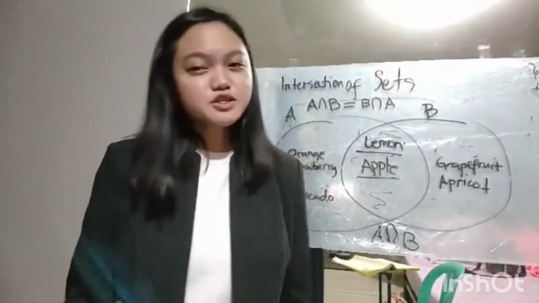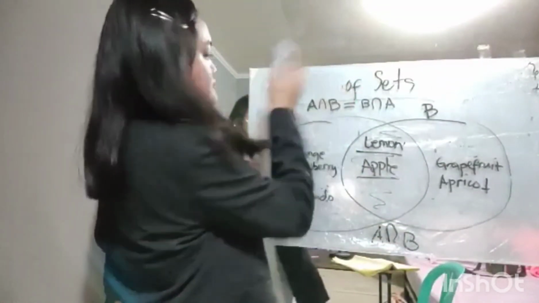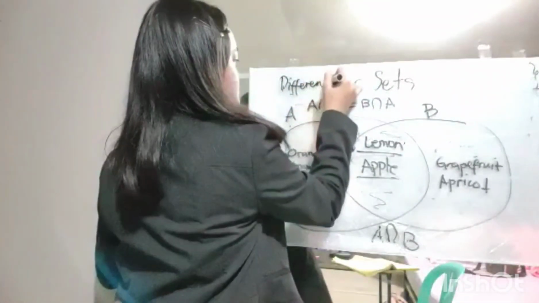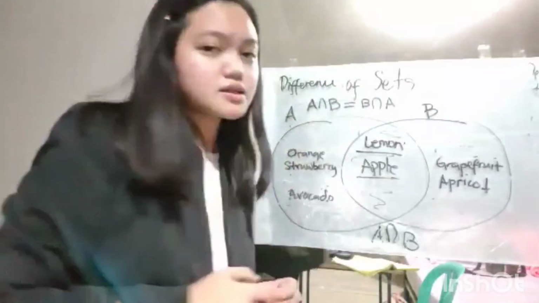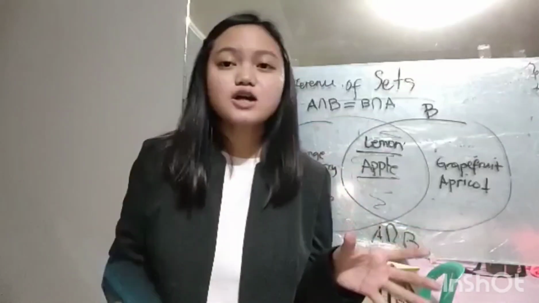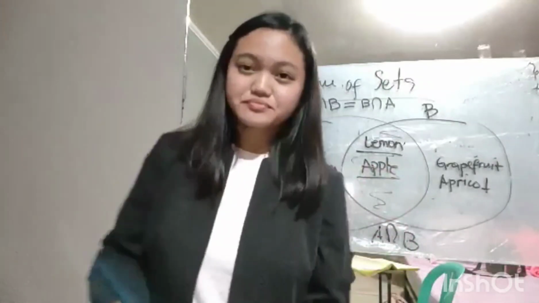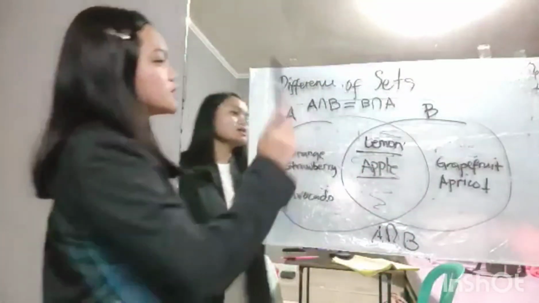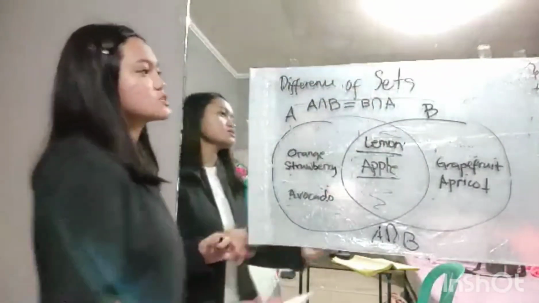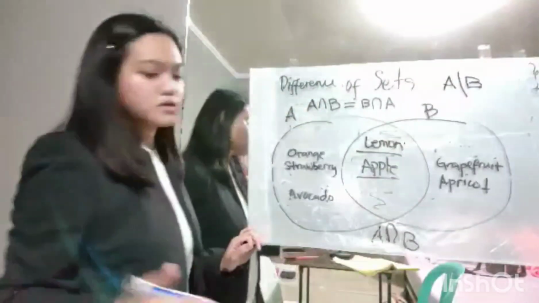So now, let's proceed to the difference of sets. Members that are in a set and do not exist in another set are called the set difference. A difference B is denoted by this.